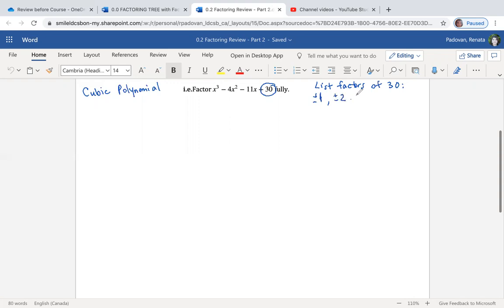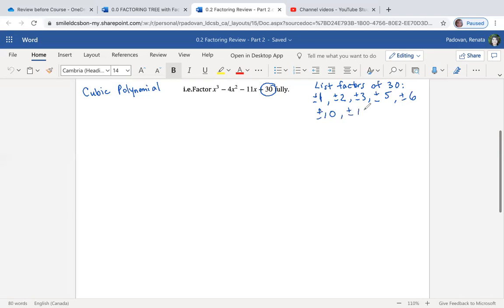Positive and negative 2, positive and negative 3, positive and negative 5, positive and negative 6, because 4 doesn't work. Anything bigger than 6? Does 7 work? Does 8 work? 8, 16, 24, 32. 9, 18, 27. 10 would work, so positive and negative 10.